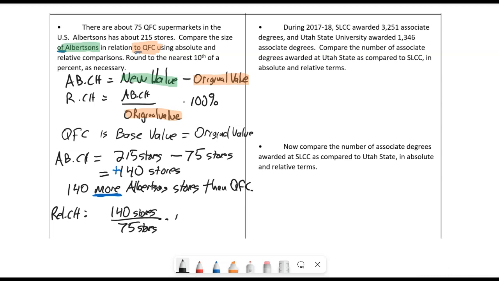This is multiplied by 100%. Now there are rounding instructions, it says round to the nearest 1/10 of a percent. So we have to see the percent before we round, or else we'll round in the wrong spot. So work out the entire formula on your calculator and then round.